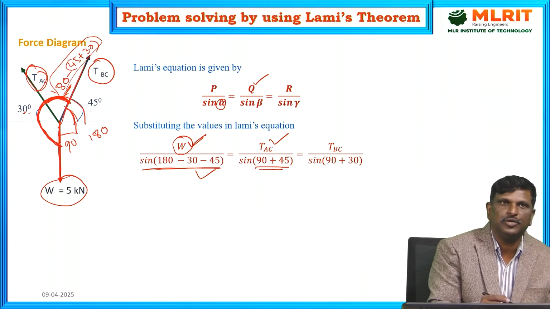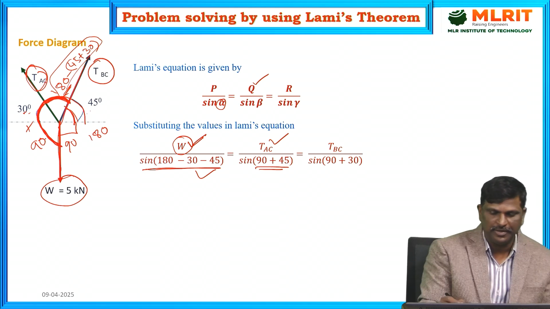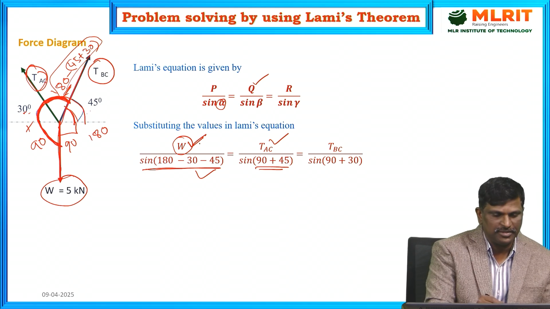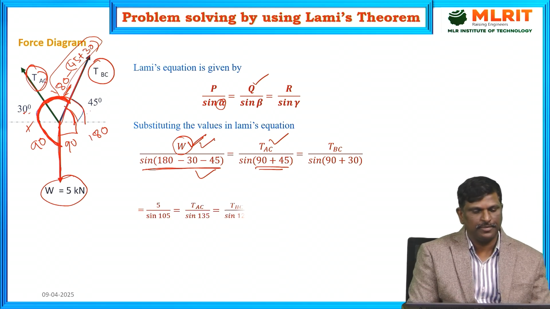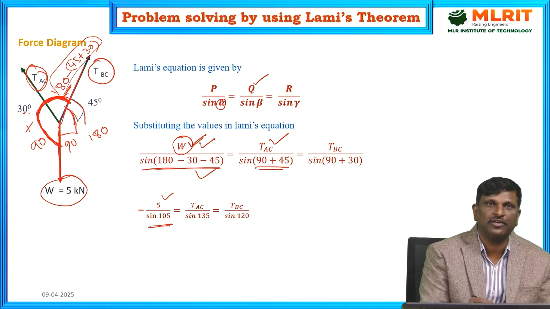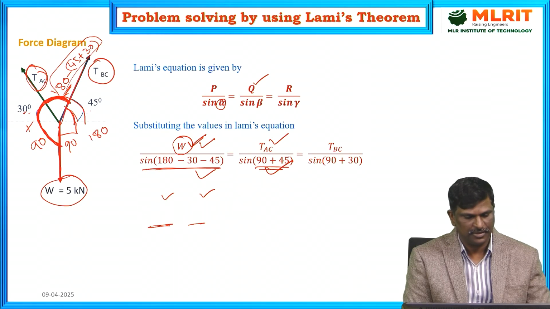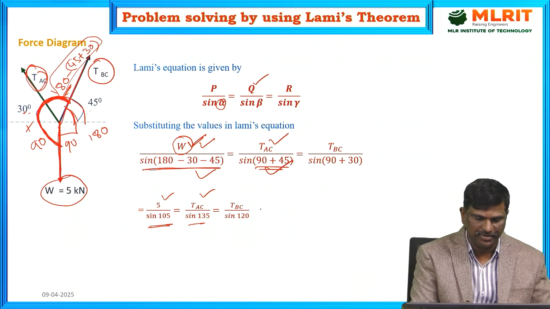Angle between W and TAC is 90 plus 30, 120. So the final equation is W divided by sine 105, 5 divided by sine 105, equal to TAC divided by sine 135 and TBC divided by sine 120.